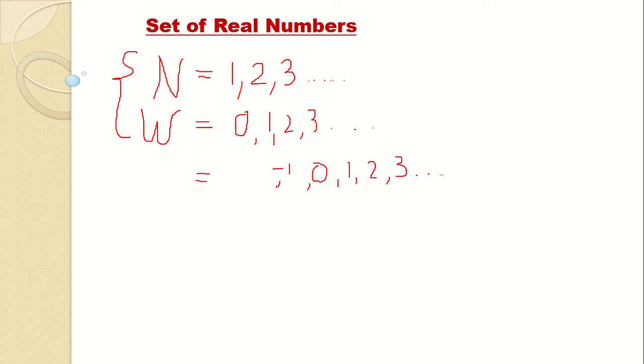So here we have the set of integers. It will have 0 in the middle, positive numbers and negative numbers. Okay, that is called the set of integers: 0, all the positive numbers and the negative numbers. But just remember, set of integers will not include fractions.